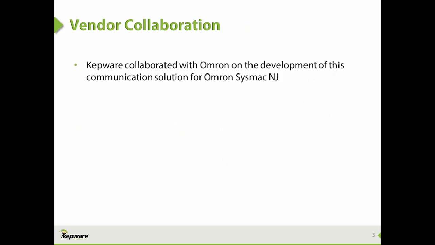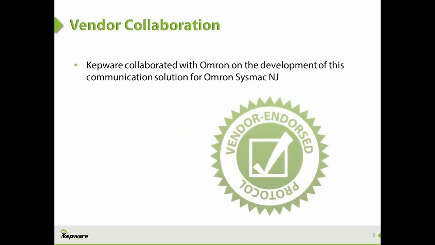We actually collaborated with Omron to develop this driver. They helped us out a lot, and they actually endorsed our Omron NJ Ethernet Driver. So the idea here is you can connect with us to the device and then communicate up to any HMI, MES, or other client applications that you have connected.